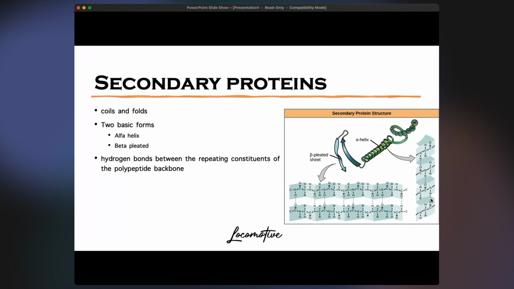There are two basic shapes that the polypeptide chain can take. The first one is alpha helix. Alpha helix looks like a telephone wire, and beta-pleated looks like a folded piece of paper. Perfect.